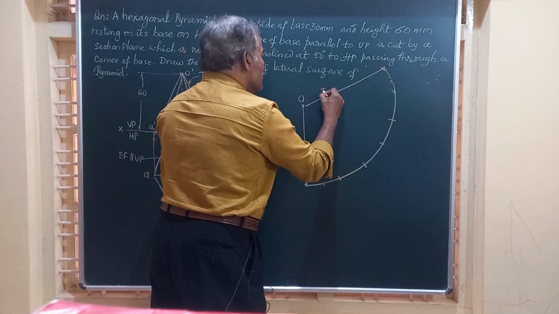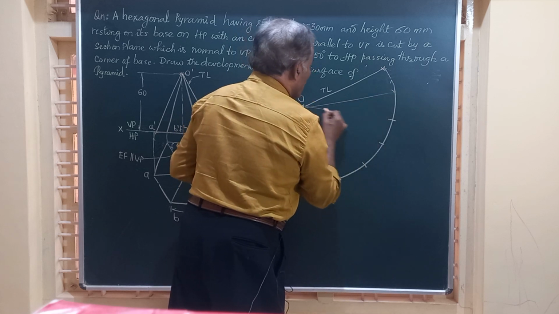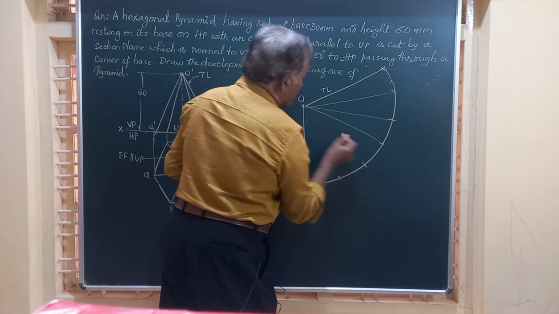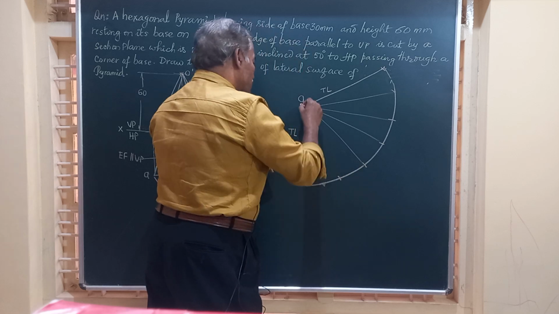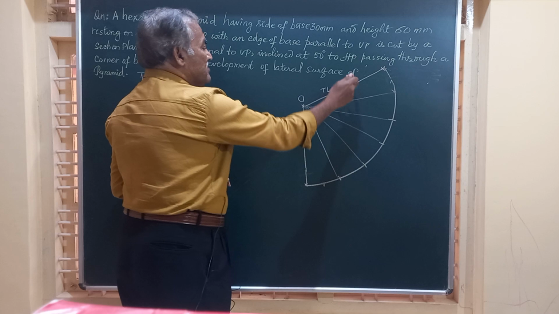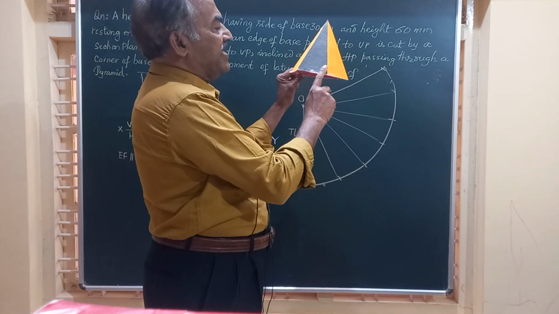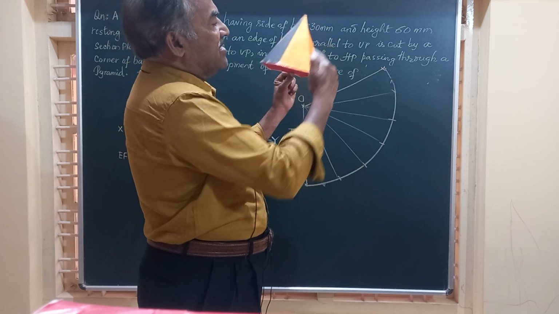So this is also true length, and I am going to join all these points on the arc to the vertex O. So this is 1, 2, 3, 4, 5, 6, because there are 6 slant edges and the slant triangles, that is the inclined triangles to the base.